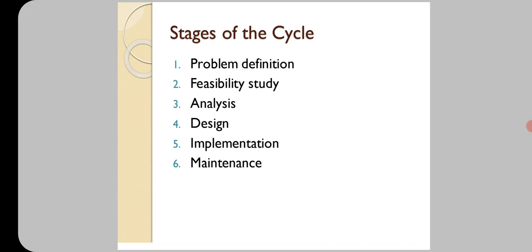The first one is called problem definition, or defining the problem. Second is feasibility study. Third is analysis. Fourth is design, and fifth is implementation. Sixth is maintenance of the system. So these are the 6 different stages.